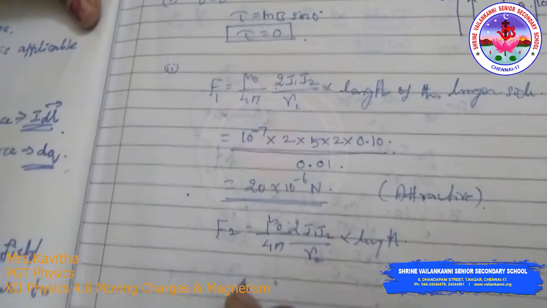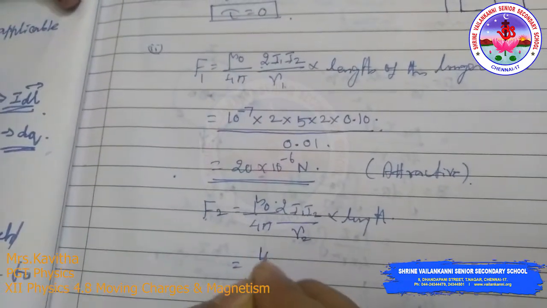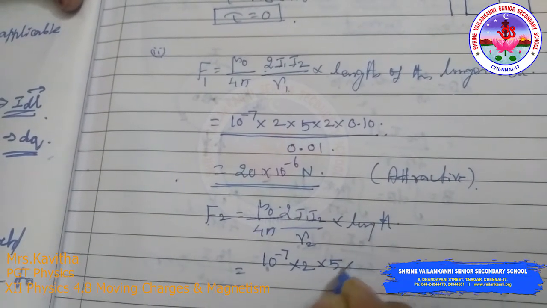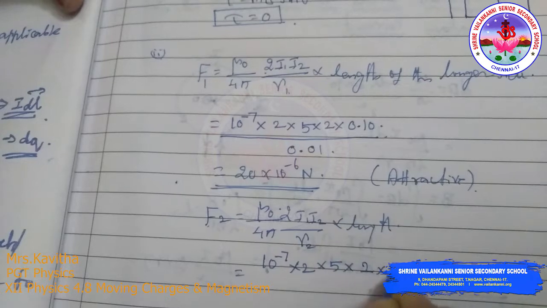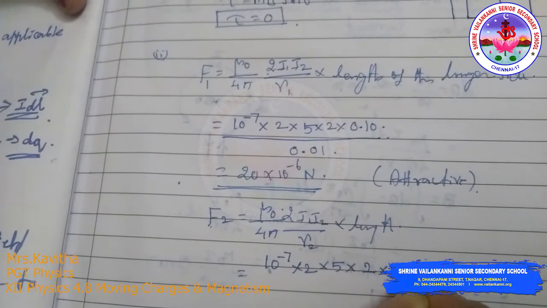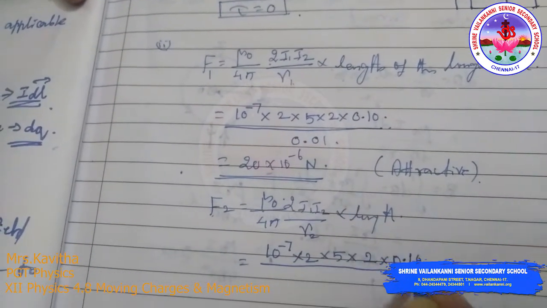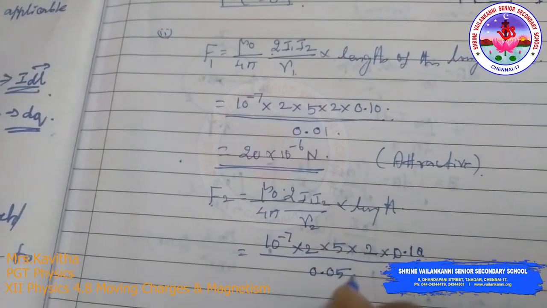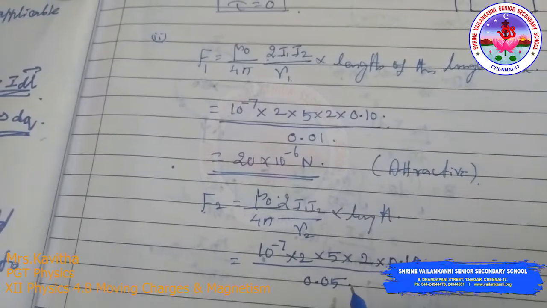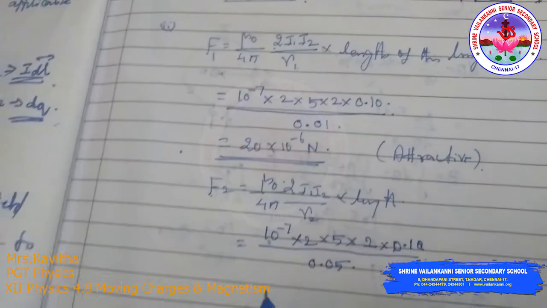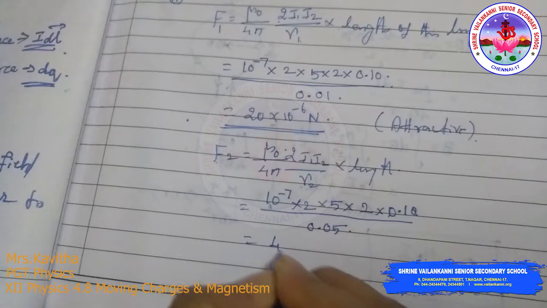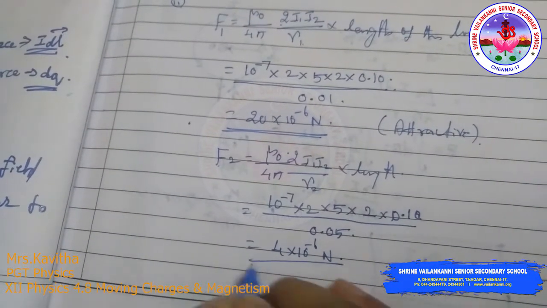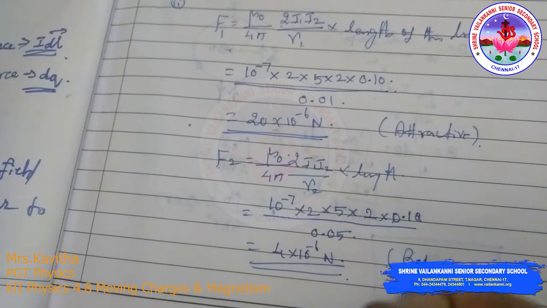So here it is 10 power minus 7 into 2 into 5 into 2 into 0.10, the same values, only the R value is varied, 0.05 here. By simplifying these you will get 4 into 10 power minus 6 Newton. This is for the repulsive force.